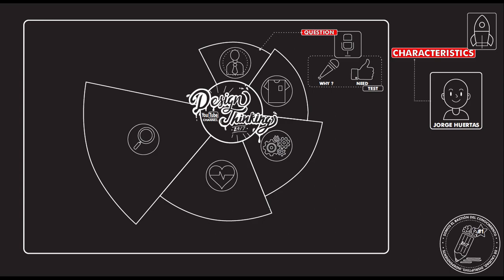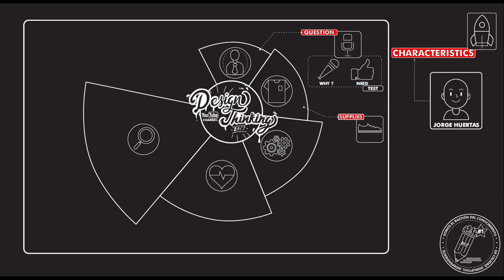But if it's not addressing any need, if it's just for vanity or for something shallow, it is not necessary. So for each one of these five stages, it's very important that you always test and ask yourself if it's necessary and if it's meant to be.